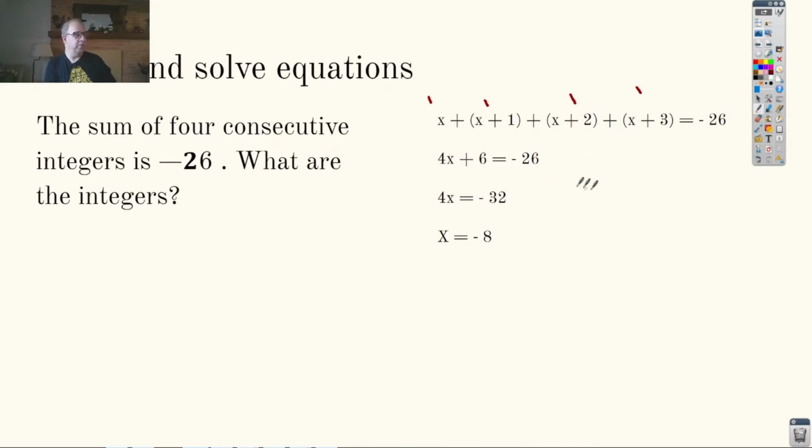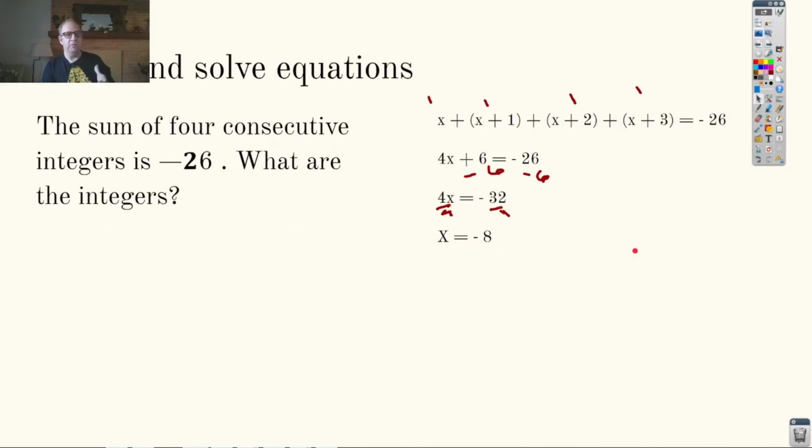I'm going to subtract 6 on both sides. Negative 26 plus negative 6 is negative 32. And then I'm going to divide by 4 on both sides. x equals negative 8. So the first term is negative 8. What are the integers?